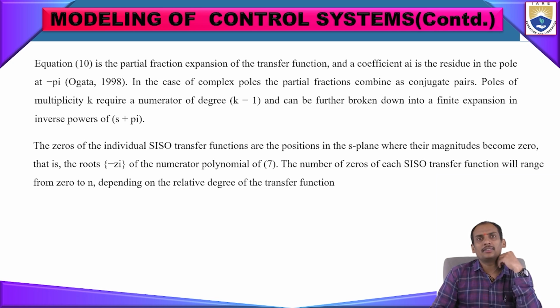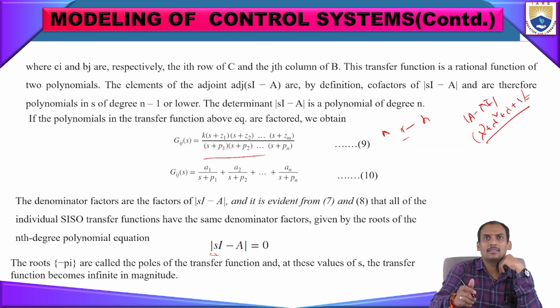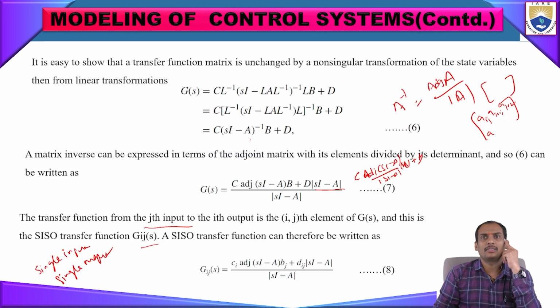The zeros of the individual SISO transfer functions are the positions in the S plane where the magnitude becomes 0, and the roots will be minus Zi of the numerator polynomial, that is, Z1, Z2, Z3 as in equation 7, the previous equation.